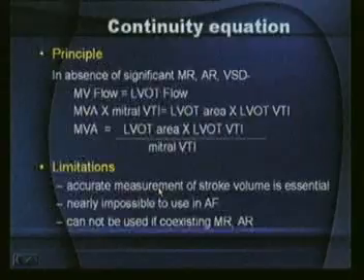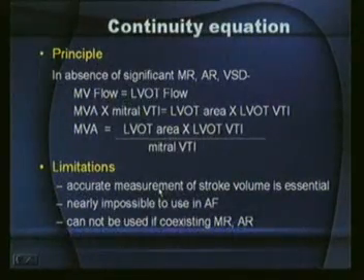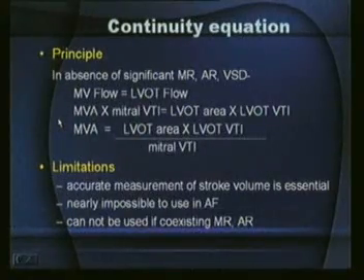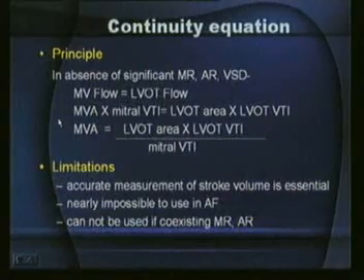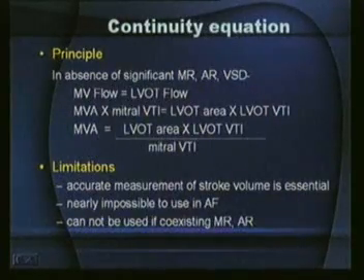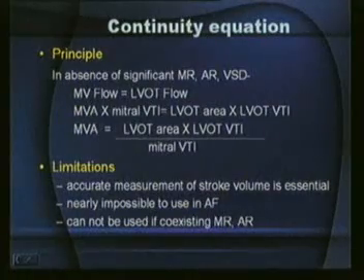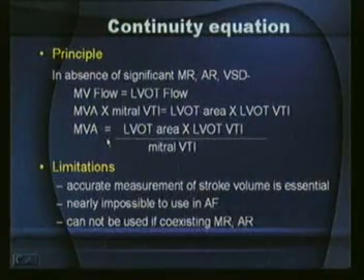So from PHT we move to continuity equation. Continuity equation is not very much used for the identification of mitral stenosis or a mitral valve area, except in the absence of significant MR or AR or VSD, then you can apply this formula: mitral flow is equal to left ventricular outflow tract flow, and you will get a mitral valve area.